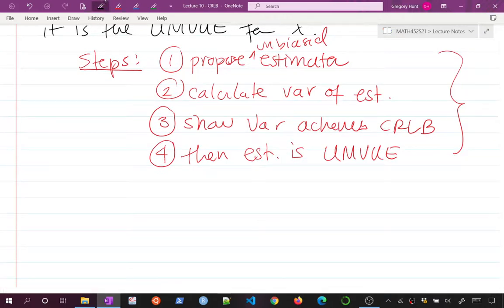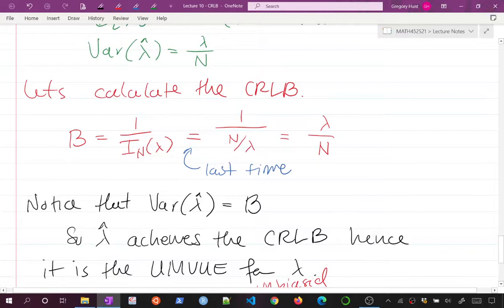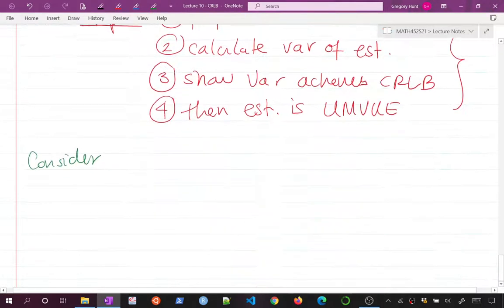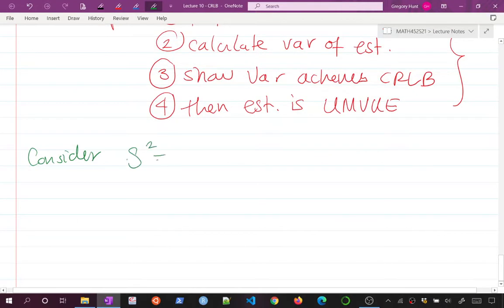So notice here again, just as an aside, back to our Poisson example, consider S squared, which, if we go back, not the score, but this, our sample variance.